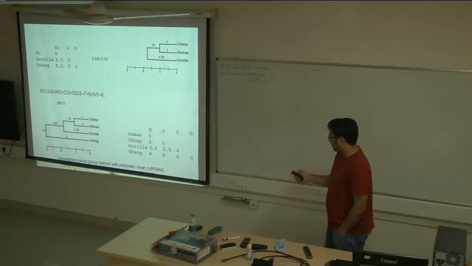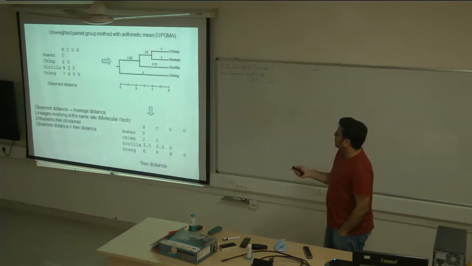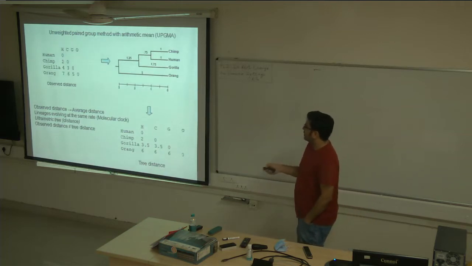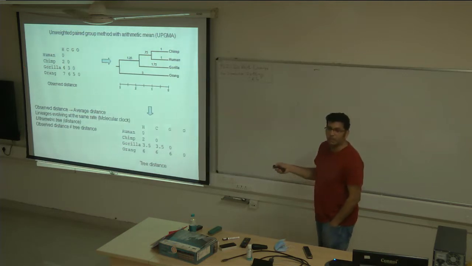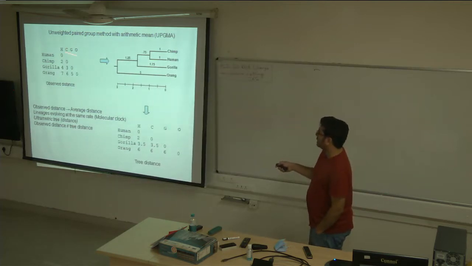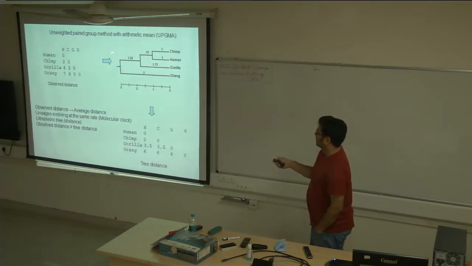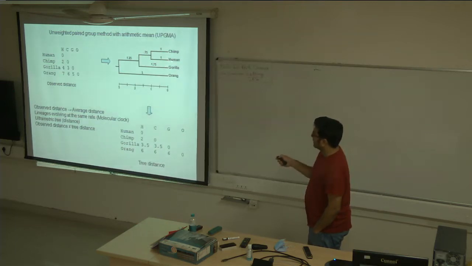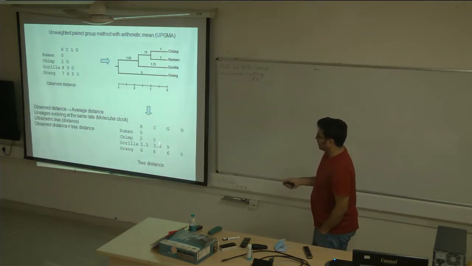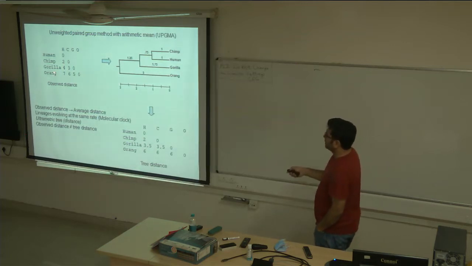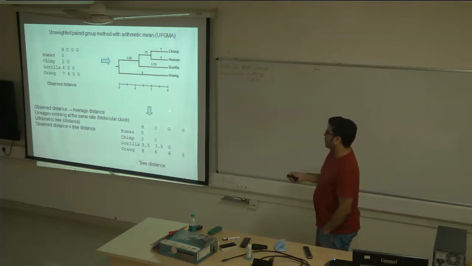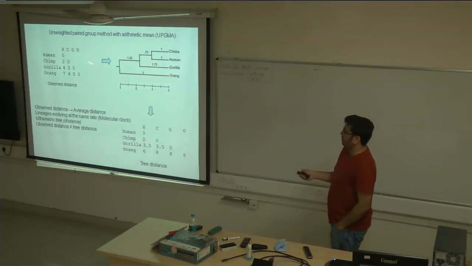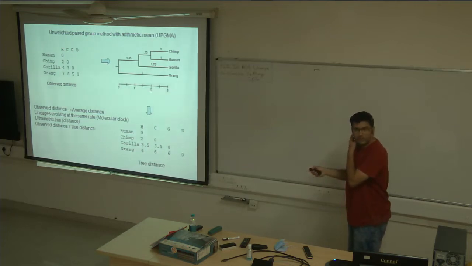Here is the observed distance that we calculated from the sequence data, and based on this distance we built this tree, and based on this tree again we calculated the distance between each taxa, and we are getting this distance. So the observed distance is actually different from the tree distance. This is one of the major pitfalls of the UPGMA method.